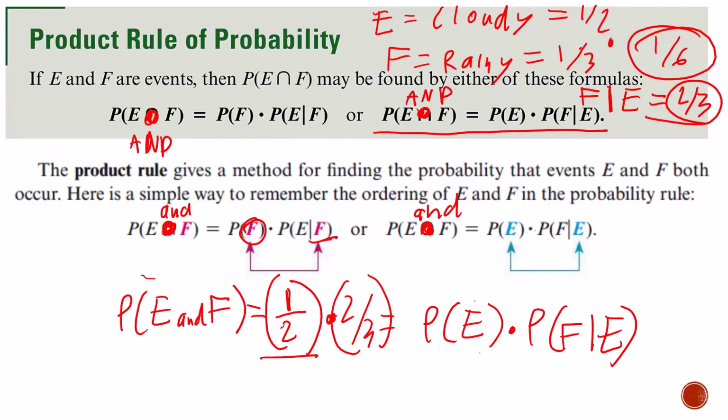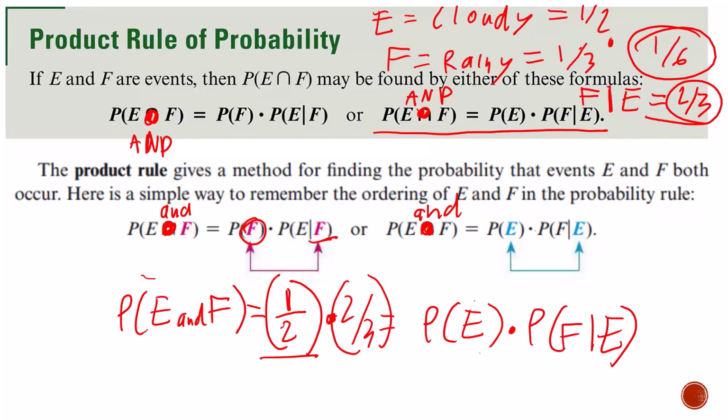Is that the same thing as the probability that it's cloudy on a given day? So half of the days are cloudy. And this says F given E. So this says what portion of cloudy days are also rainy, and that's 2/3.